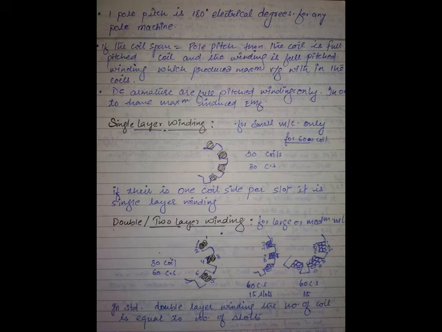First, write this. Multiplex windings. DC windings are completely closed sets of windings.